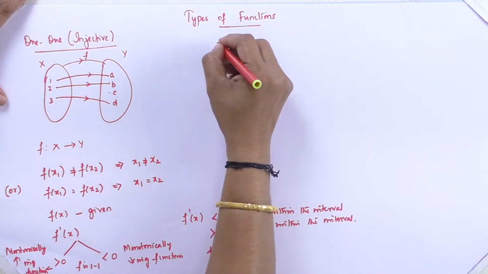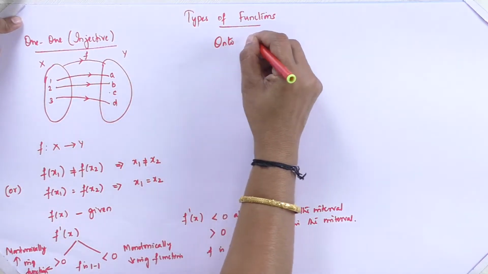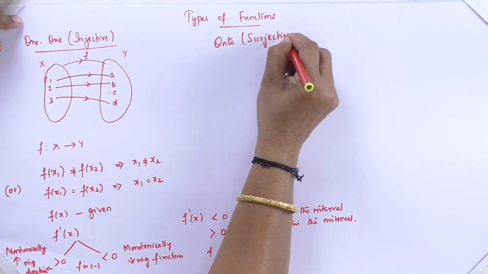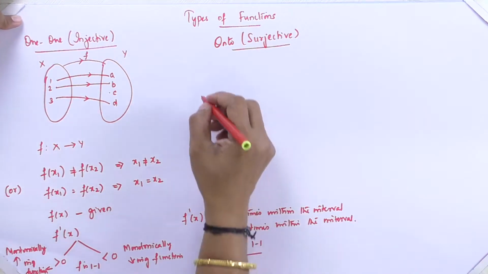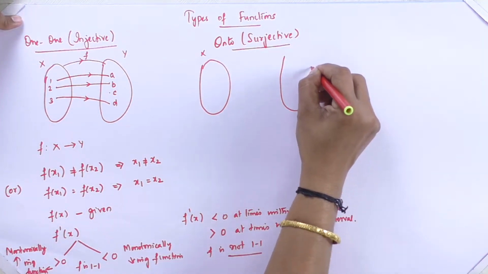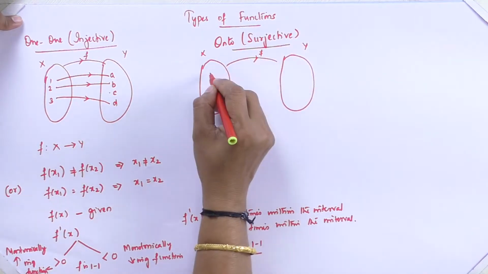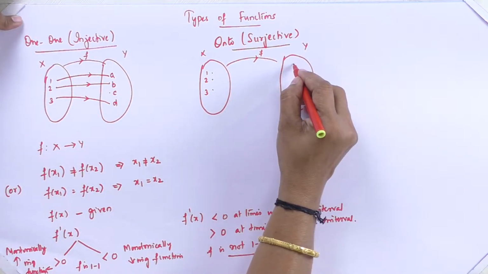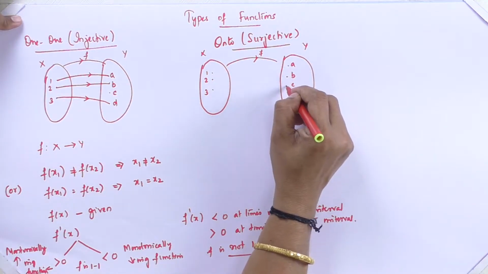And next we have the onto function. The onto function is otherwise called a surjective function. How do we define this onto or surjective function? Again I have a domain set X, a codomain set Y, and a function f here. I have elements in my domain set, and likewise elements in the codomain set.